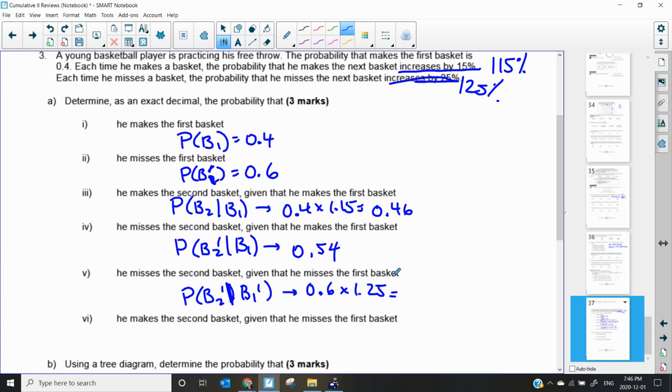So 0.6 times 1.25 is 0.75. So the probability that he makes the second given that he misses the first, if we take a look at that, 1 minus 0.75 would be 0.25.